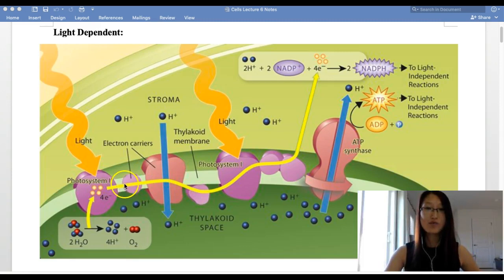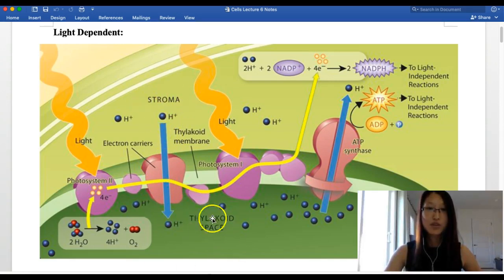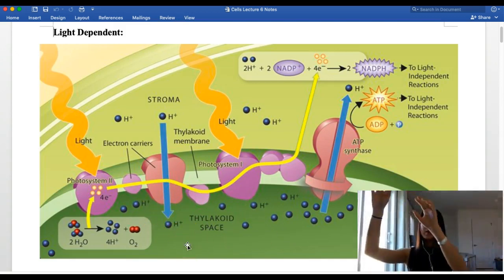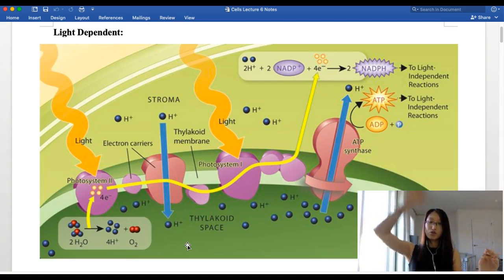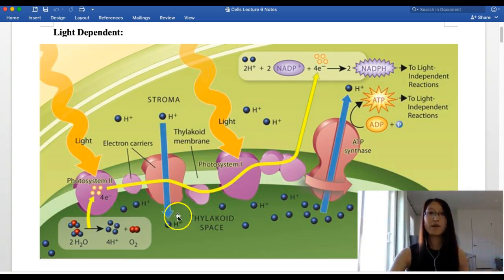But as the electrons move down the electron transport chain like this, the energy of the electron is used to pump hydrogen from the stroma to the thylakoid space, okay? And the reason for that is that we want to build a really high concentration of hydrogen in the thylakoid space. So electrons move down the electron transport chain, losing energy during this process and pumping hydrogen from the stroma to the thylakoid space, okay?